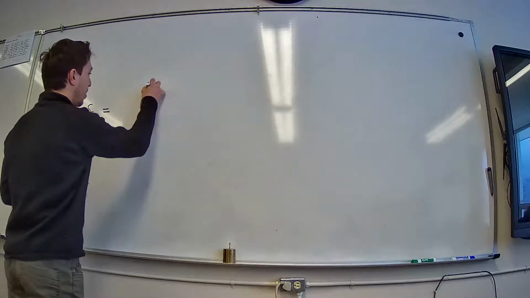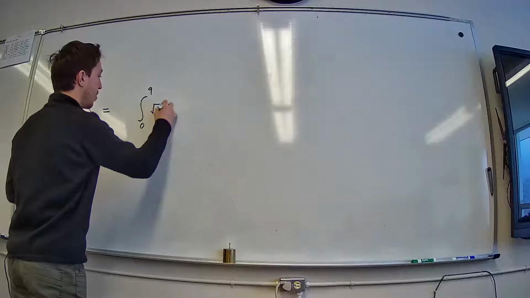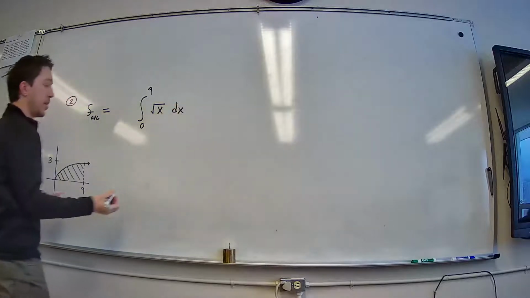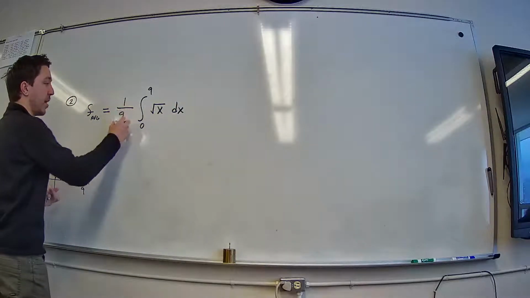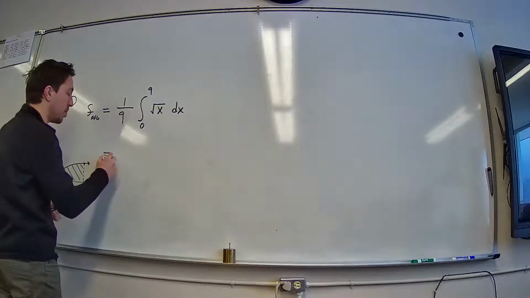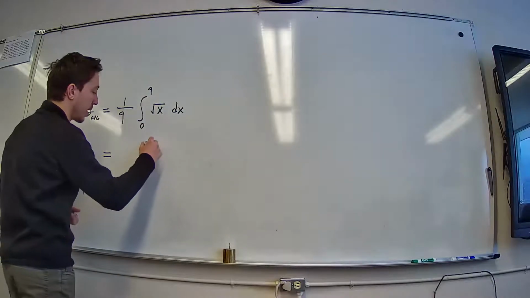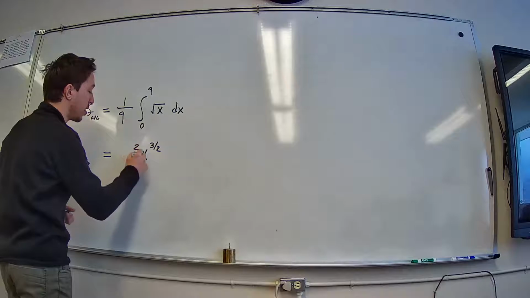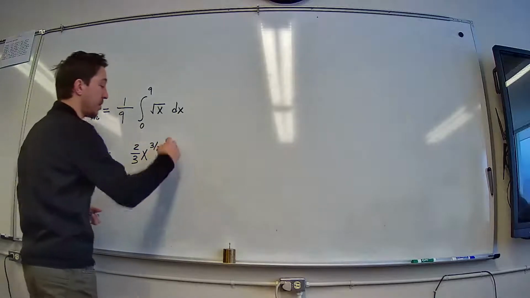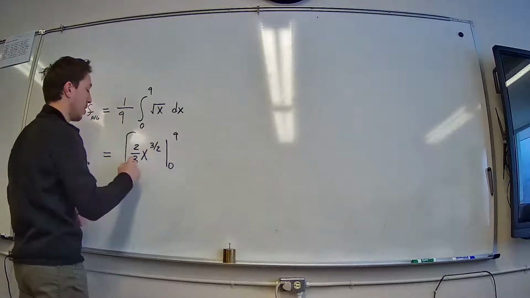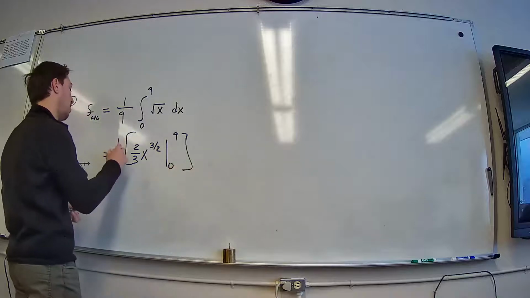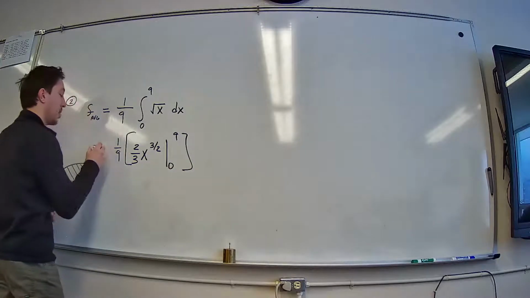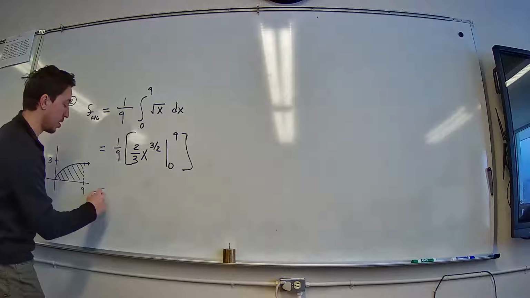So you get the integral from 0 to 9 of the square root function. And then you're going to take that answer and divide it by 9. And so you get 2/3 x to the 3/2. Signs all messed up, right?